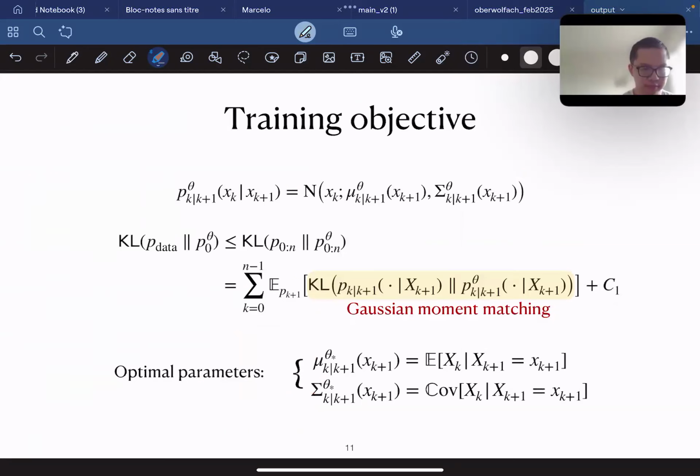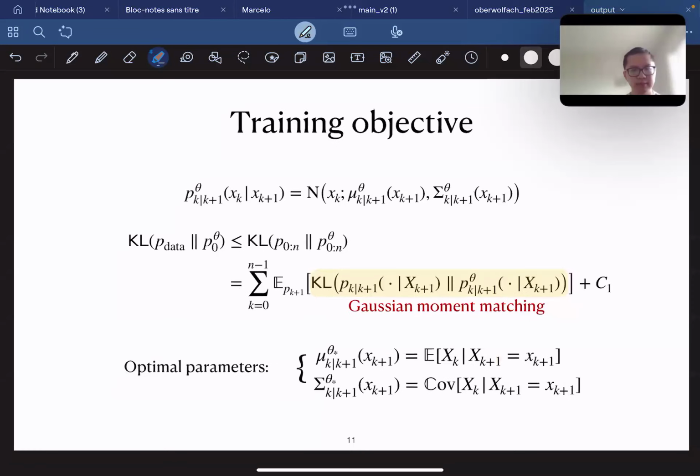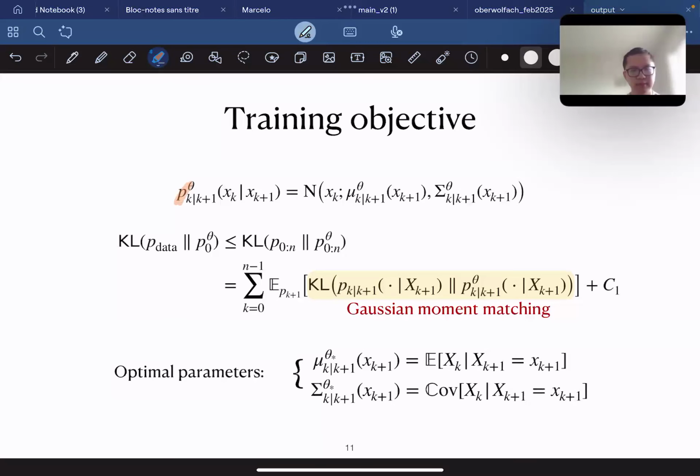To this end, I will consider a very simple approximation, and here I take even a variational inference approach. I take as approximation of my unknown conditional a Gaussian transition.